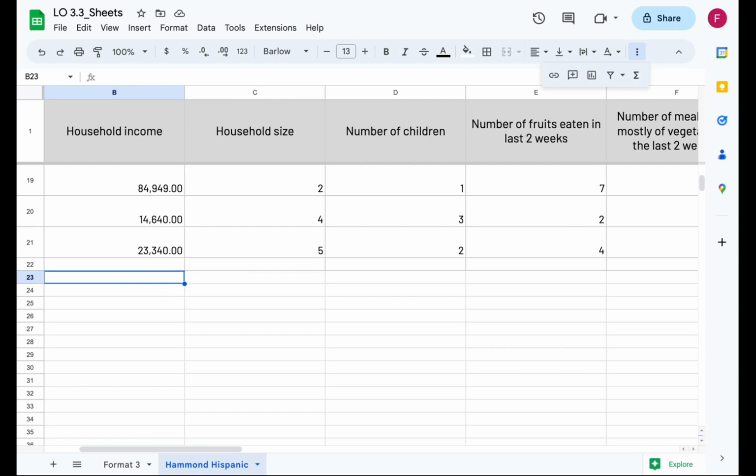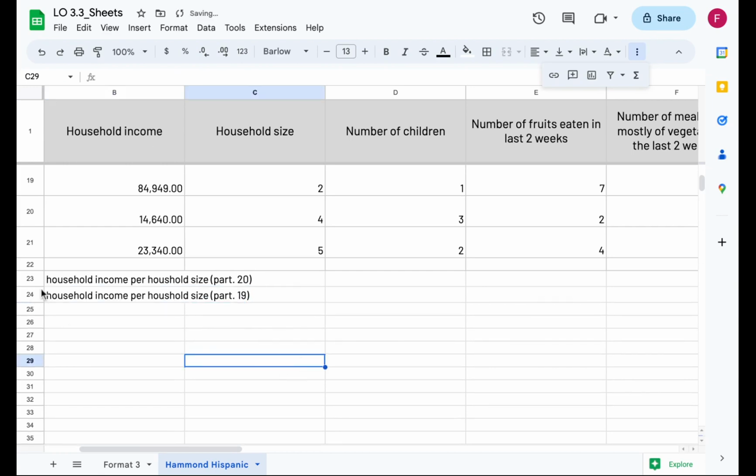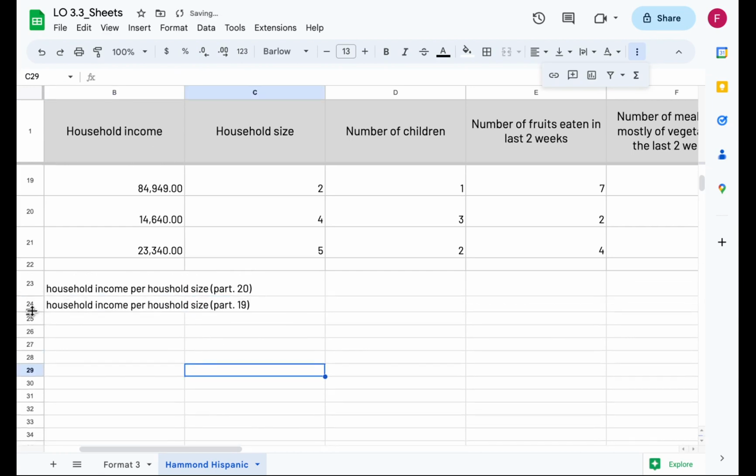So let's say I want to compare household income by household size for participant 20, and let's say household income per household size. I want to do it for participant 20, and then I want to also figure it out for participant 19.